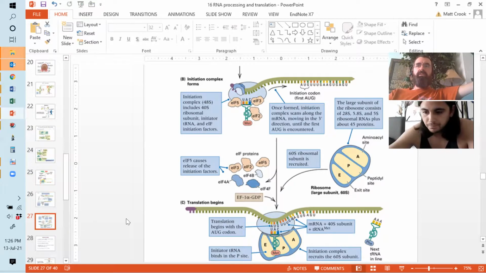We're still using the methionine tRNA to find the start codon, or to define the start codon. But in eukaryotes, it's a scanning mechanism. So translation initiation does not begin at the codon sequences. It begins at the 5' cap, and it moves along. However long that 5' UTR is, it moves along until it finds the start codon.